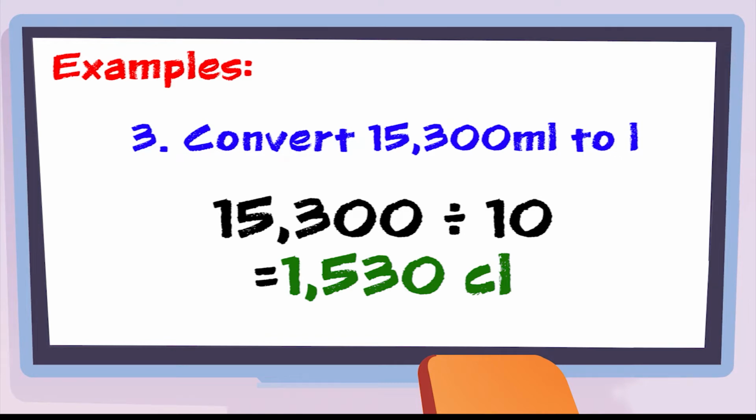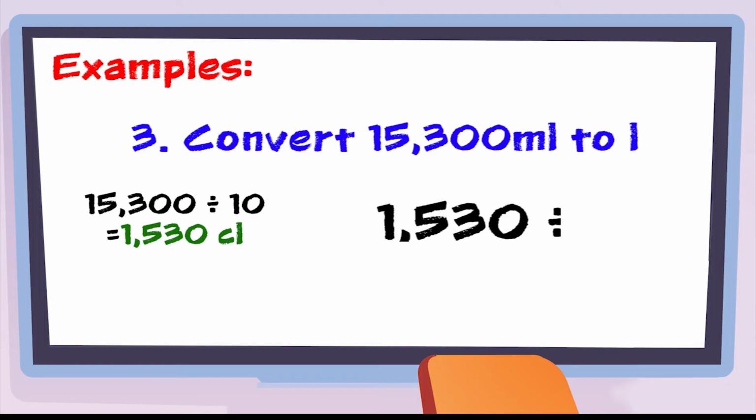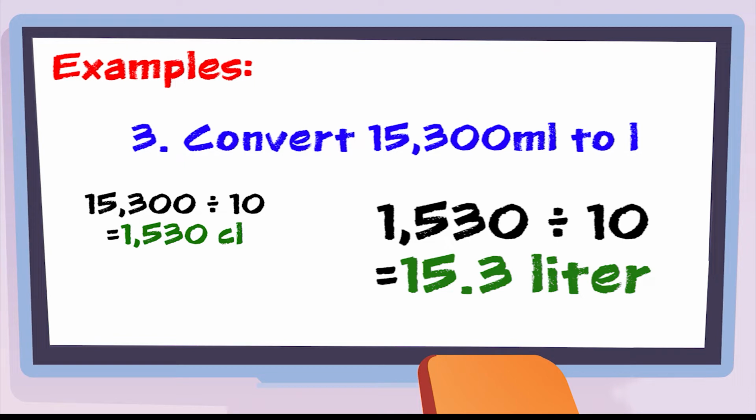We can further reduce and convert this number by dividing it by 100 to convert that number into liters. Therefore, 1,530 is divided by 100. The answer would be 15.3 liters.